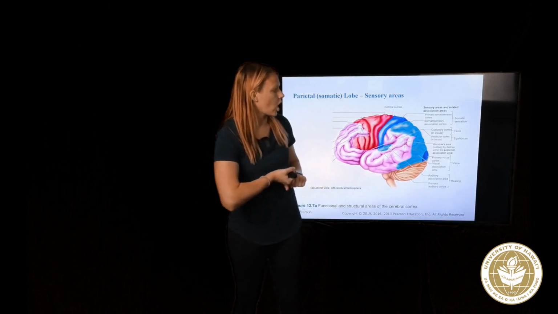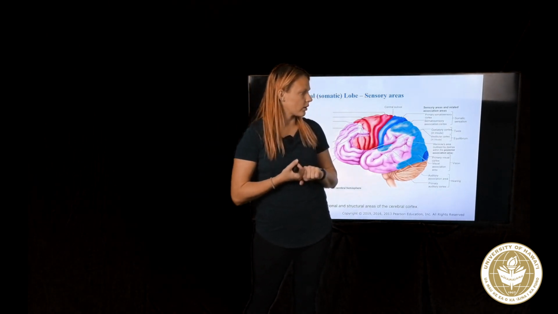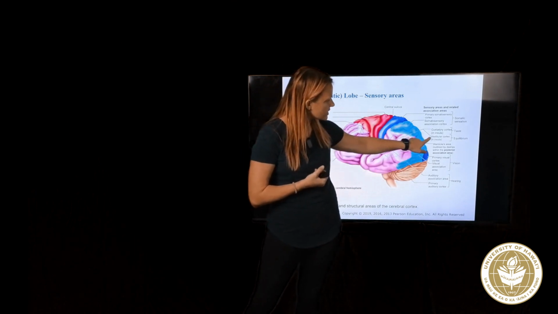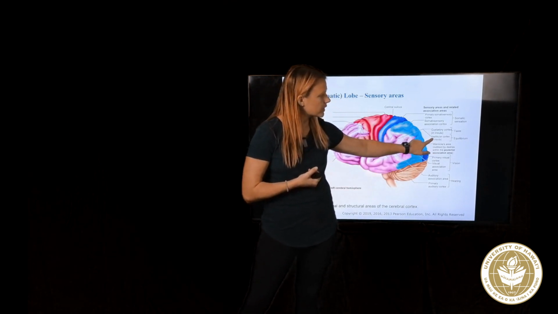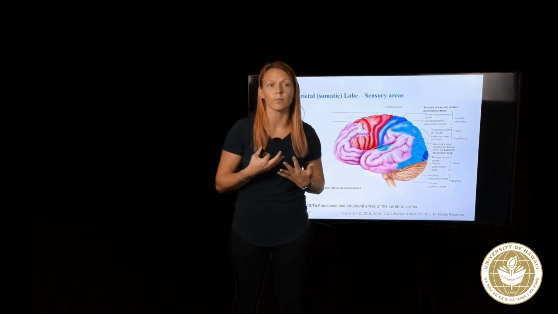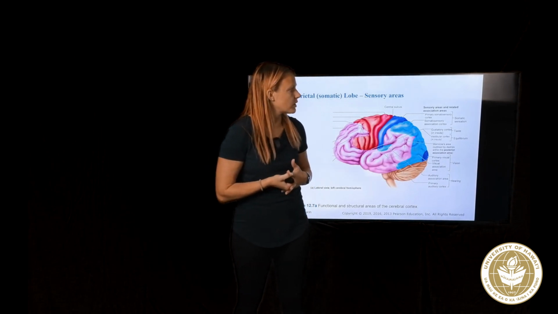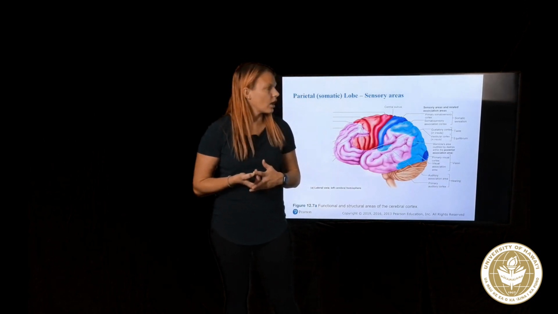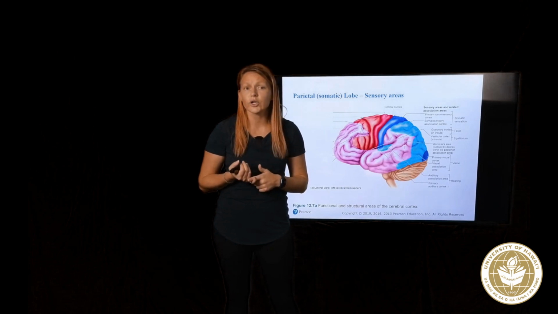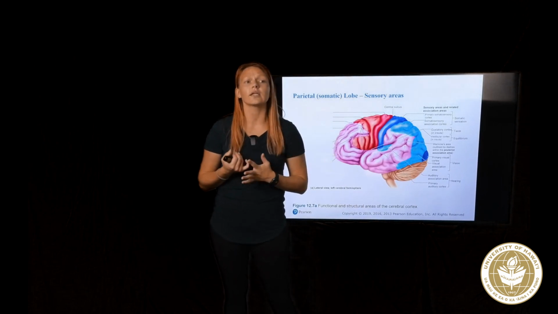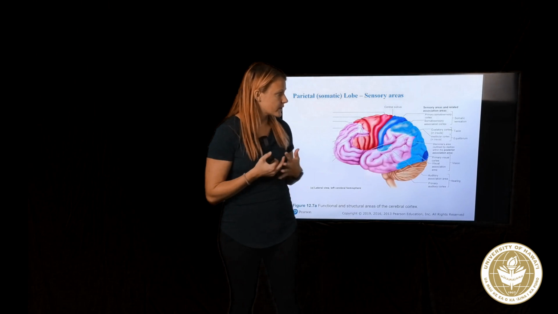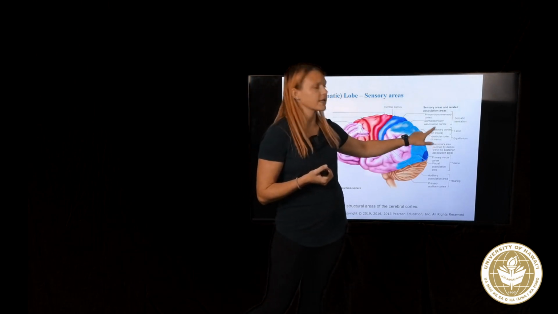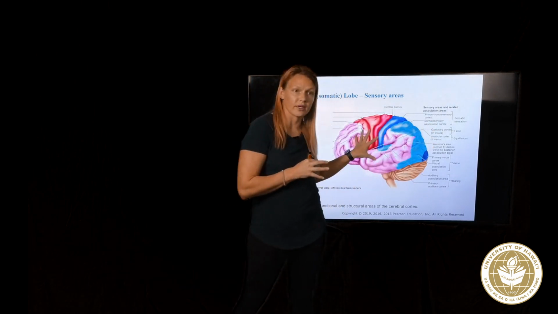Vestibular is more for our conscious awareness of our balance. So you can see this vestibular cortex right here that's going to be in your insula. It's kind of your equilibrium. Olfactory is going to be for smell and odors, and it's not shown here. And gustatory is for your taste. You can see this gustatory cortex is also in the insula, so underneath here you can't see it.